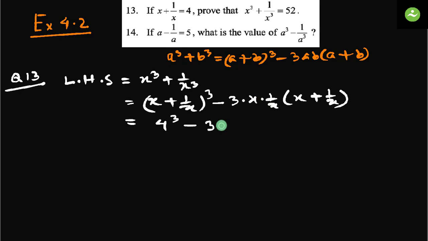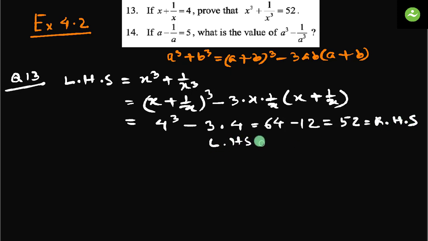So 3 into x plus 1 by x means 4. 3 into 4 equals 4 into 4 into 4, 64 minus 12 equals 52, equals right hand side. So left hand side equals right hand side. Proved.